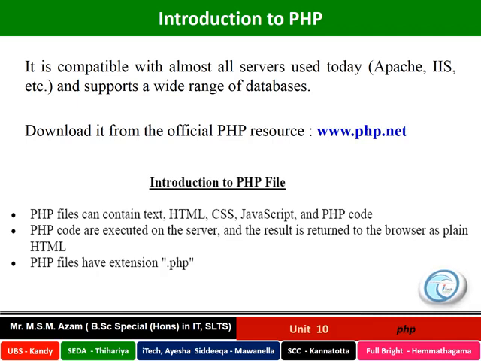That's why we call it a server-side language. And the result is returned to the browser as a plain HTML document. PHP files have the extension .php. That means when you save a PHP file, you have to save it with the file extension .php.